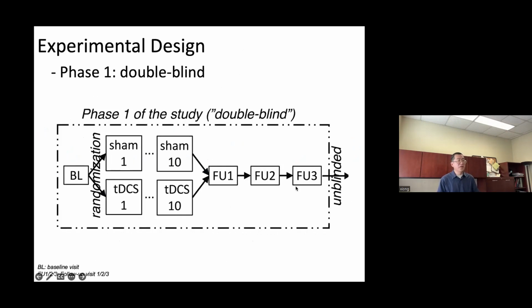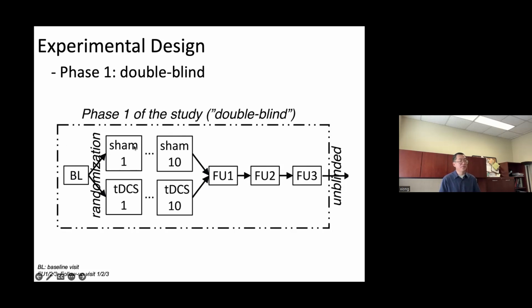So, going back to the question about how we assign the treatment. At the baseline visit, they will have an MRI scan. Then we also go through the neuropsychiatric battery to assess their cognitive performance. Then they are assigned to one of the 2 groups with randomization. This phase 1 will be double-blinded.